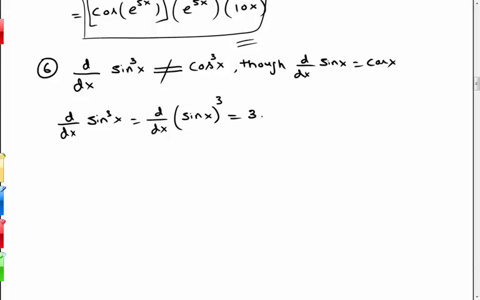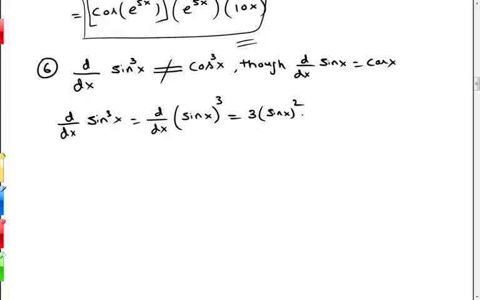Therefore, this derivative should be 3 times, applying the power rule, sine x the quantity square. Thus 3 times the quantity sine x square, which is the same as sine square x, but I'm trying to stay consistent with that notation, sine x the quantity cube. Well, are we done? Obviously not.